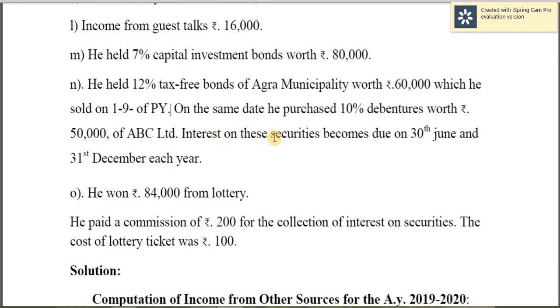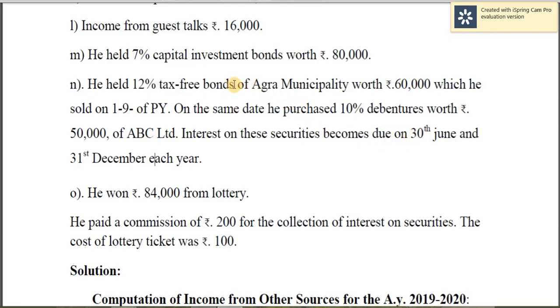The interest on these securities becomes due on 30th June and 31st December. When the interest is due on 31st December, he does not hold the security. Only when the interest is due on 30th June, he was in possession of the security. Therefore, on these tax-free bonds of Agra municipality, only half year's interest will be taken.